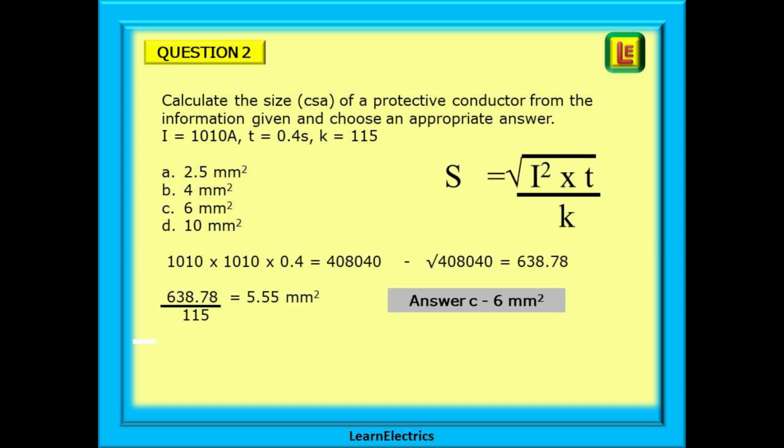You should have 1010 times 1010 times 0.4 to give 408040. And the square root of 408040 is 638.78. Divide this by 115 and we have 5.55 millimeters. So the answer is C, 6 millimeter cable.